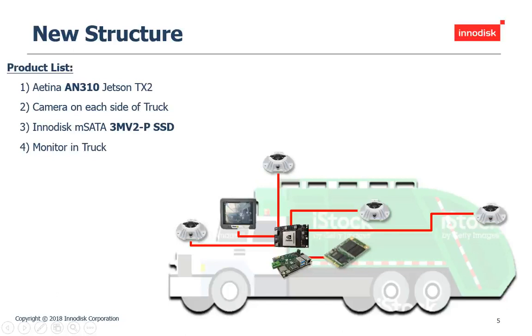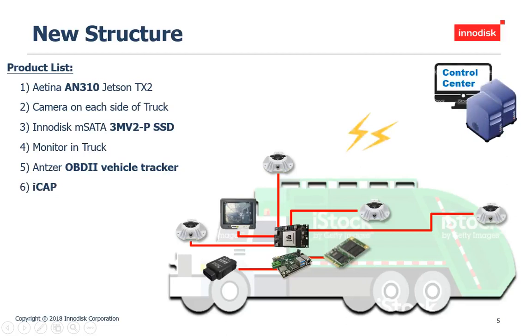Then we'll keep the monitor in the truck to help the driver monitor whatever is happening, and we can have another Answer OBD2 vehicle tracker to offer additional information like the GPS information and whatever is happening on the system in the truck.